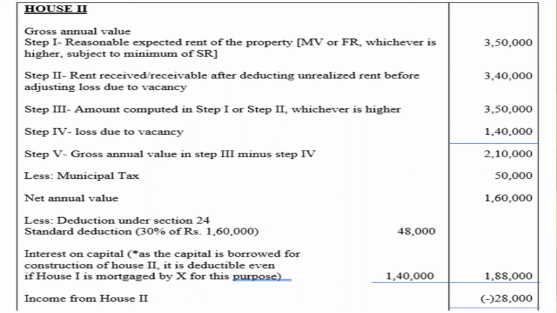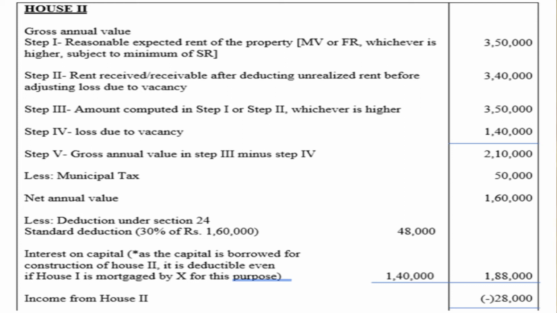Number one, standard deduction. What is 30% of the net annual value? That is 30% of 1,60,000. It is 48,000. And interest on borrowed capital, as the borrowed capital is taken for the construction of house 2, so it is allowable for house 2, so it is 1,40,000. So in total it is 1,88,000.